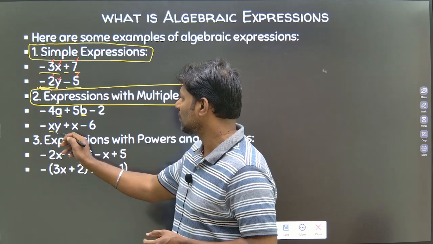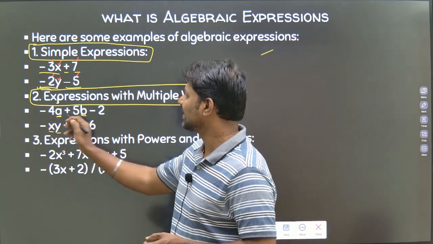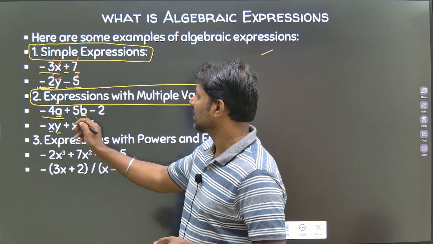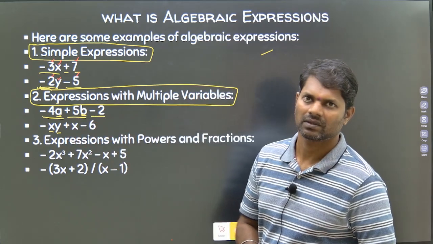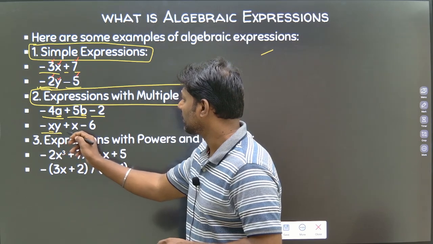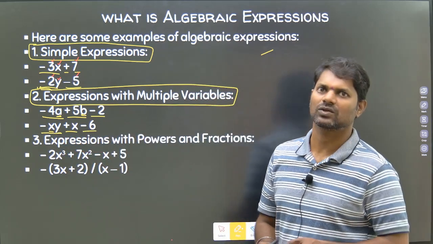Here x, y, two variables are there. So, how to read this expression? Minus 4a plus 5b minus 2. Second example, minus xy plus x minus 6. These are the two examples of expression with multiple variables.